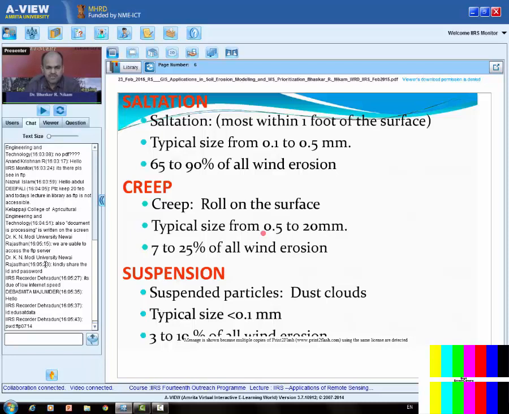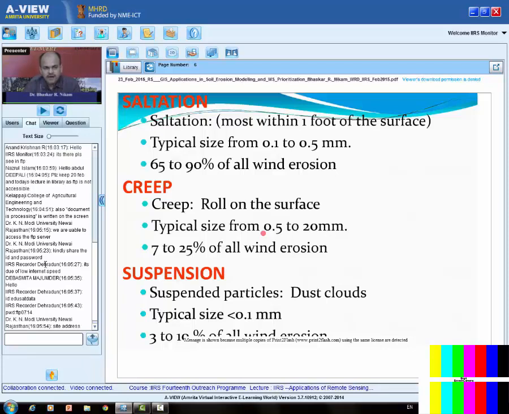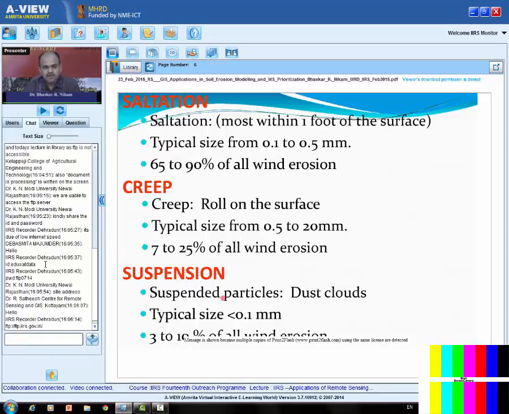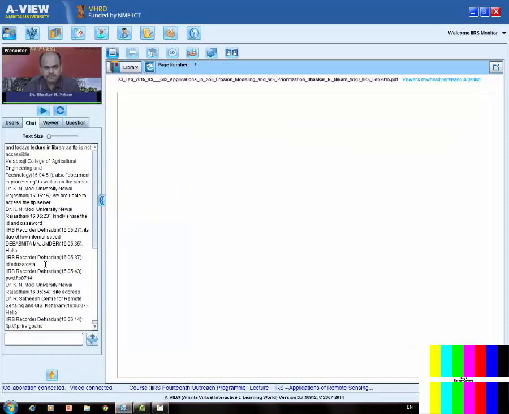Whereas for creep, obviously the particle size will be bigger than for saltation, so particles having diameter more than 0.5 mm will be subjected to erosion in terms of creep or roll over the surface, and around 7 to 25% of wind erosion will occur in this type. Whereas for suspension to happen, the particle size should be less than 0.1 mm, and only 3 to 10% of wind erosion occurs in terms of suspension.